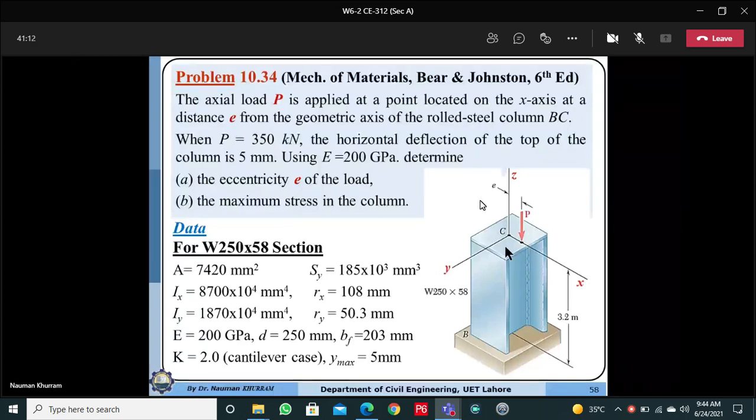So load multiplied by the eccentricity will produce the moment about the y-axis.